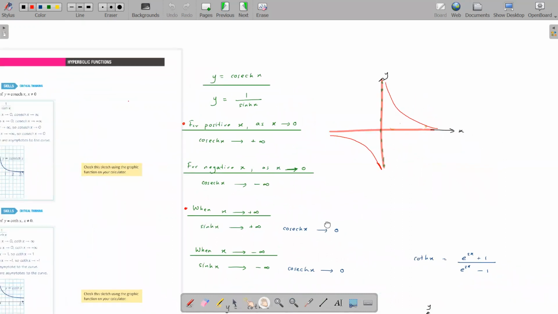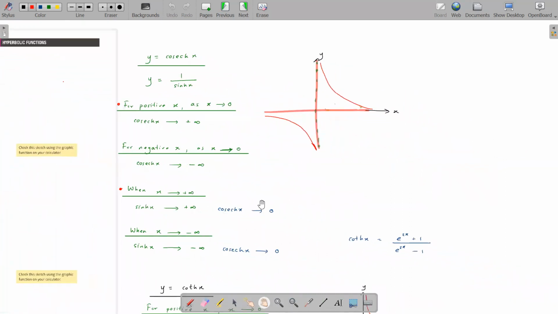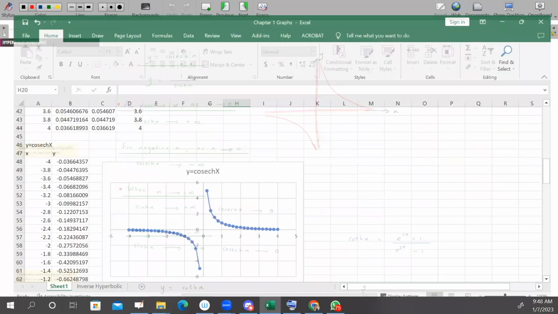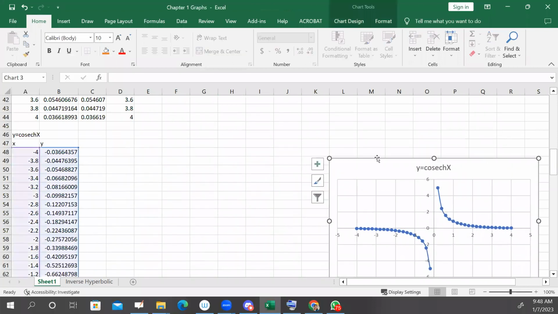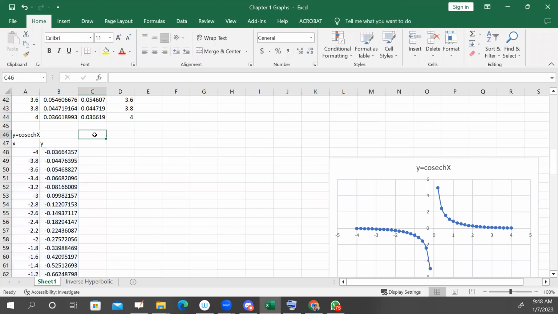So we can directly take the entire domain and range and flip it, right? Shall we do that? I already calculated the cosech x values previously, so I have them here. Now let's go for y equals R cosech x. The x and y coordinates are going to flip.